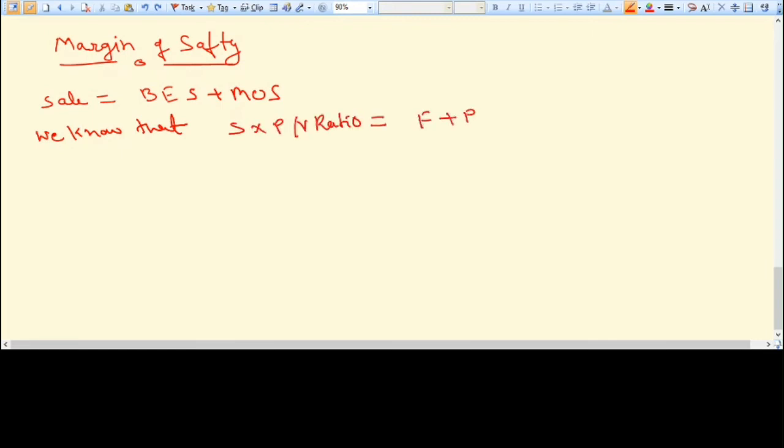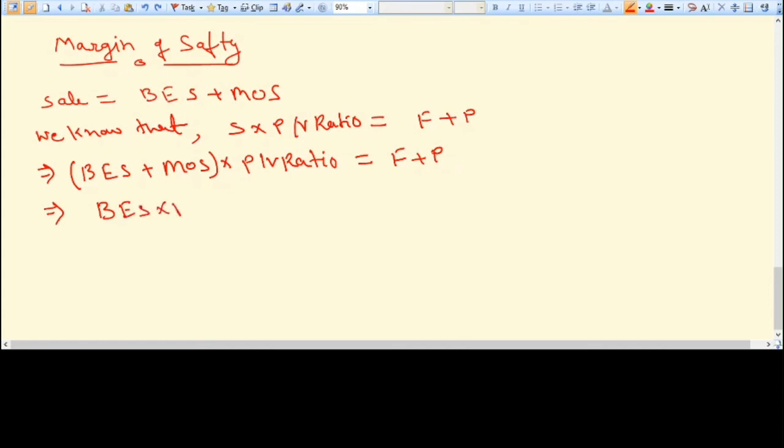If we put the value of S equal to break even sale plus margin of safety, then we get (break even sale plus margin of safety) into PV ratio is equal to fixed cost plus profit. Now if we expand this equation, we get break even sale into PV ratio plus margin of safety into PV ratio is equal to fixed cost plus profit.